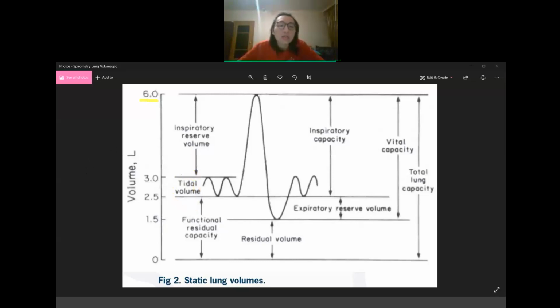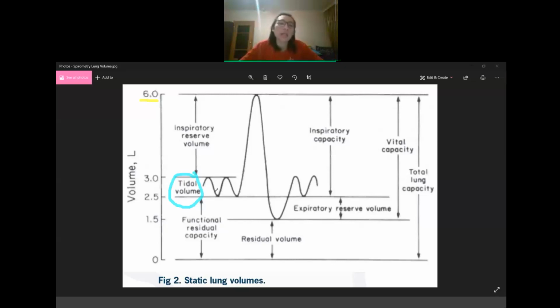The first parameter is your tidal volume. What is tidal volume over here? Tidal volume simply means that if you are the person who is under spirometry, tidal volume simply refers to your normal breathing. Just the maximum and minimum expiration during a very normal respiration.